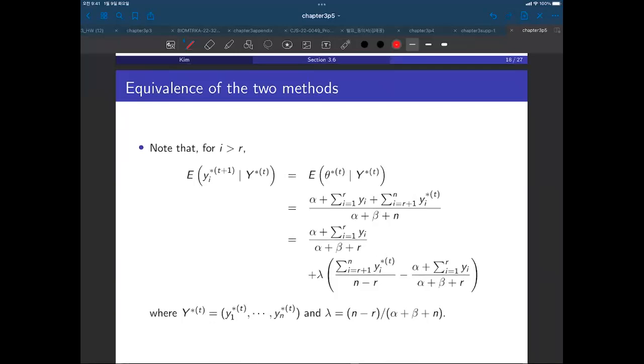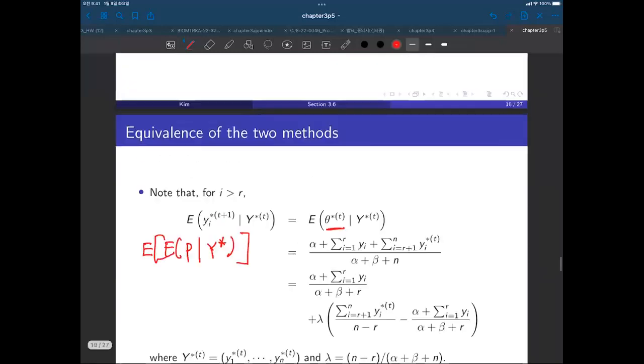The inside is a posterior step, and the outside is just the iteration. So the inside is this one. Then what is the posterior mean of P given the imputed data?